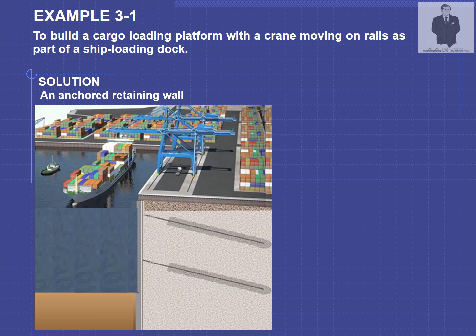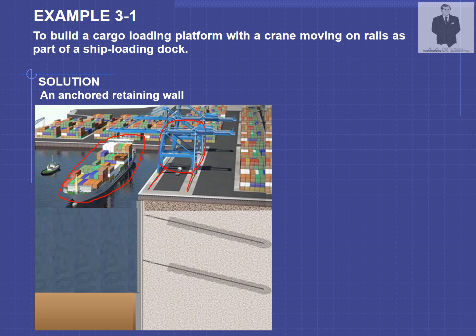Ships, as shown here, are brought alongside with retaining structures and loaded with cargo stored on the land side of the retaining wall, and the loading is done by a crane moving on rails parallel to the retaining structure, as shown here.